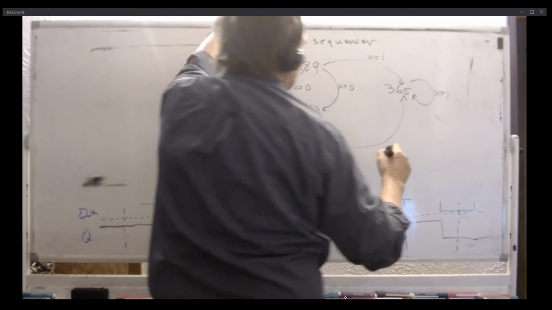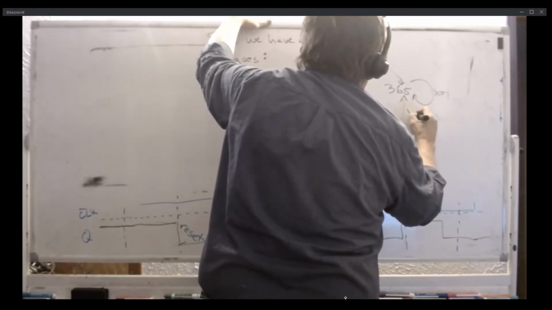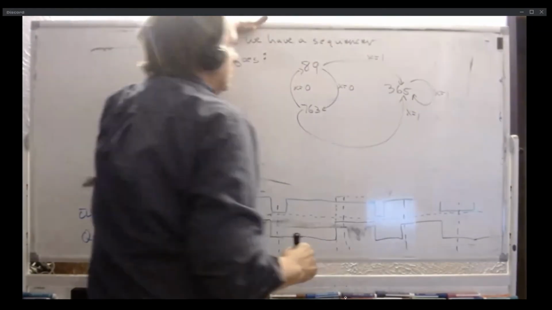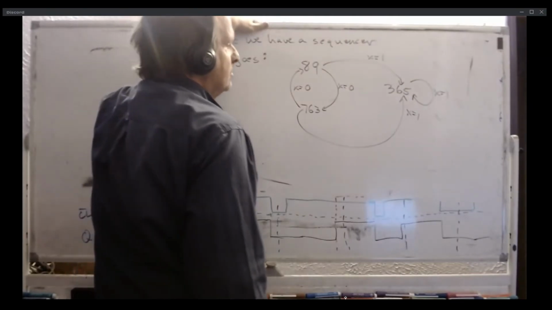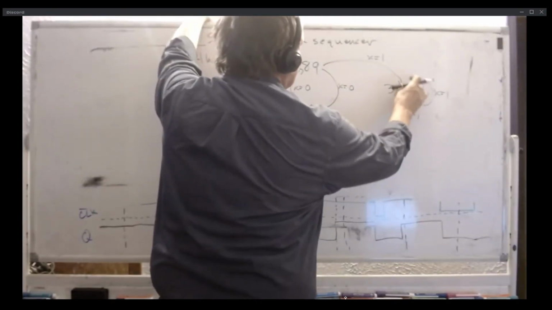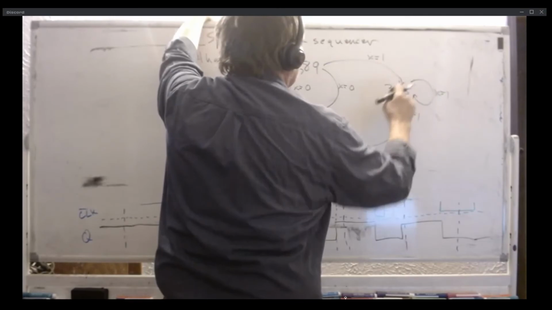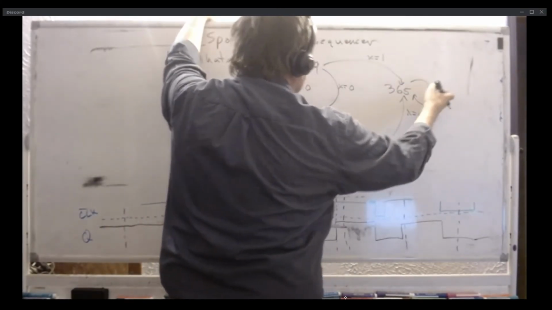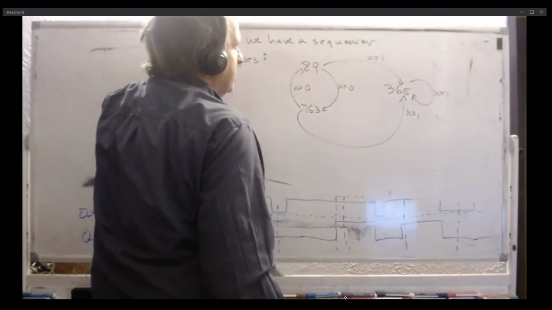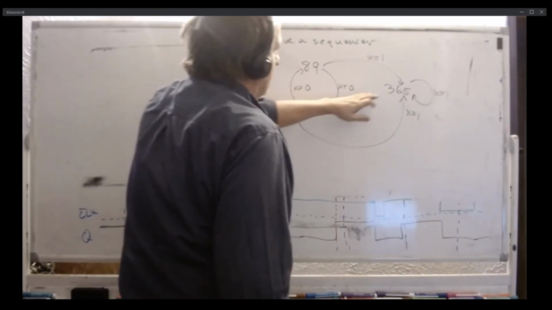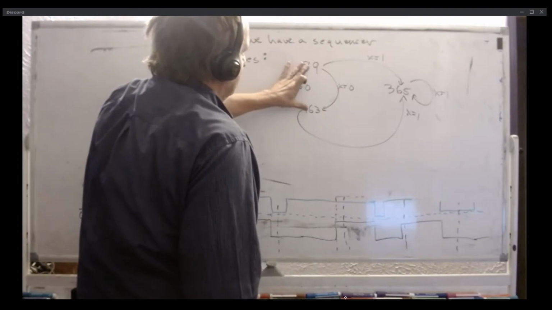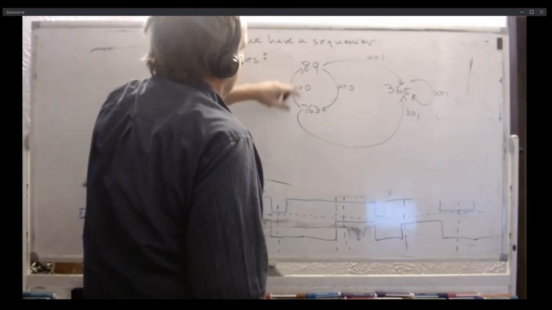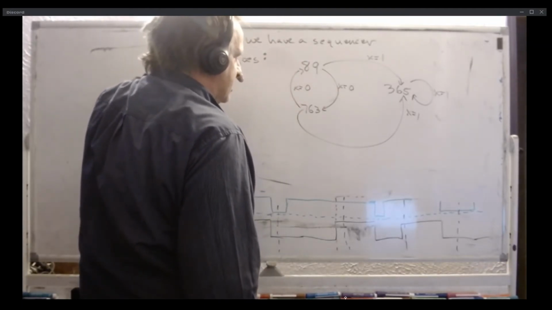We got to define that. If we're in this sequence over here, and x goes from 1 to 0, where do you want the sequencer to rejoin the main sequence of 89 and 763?